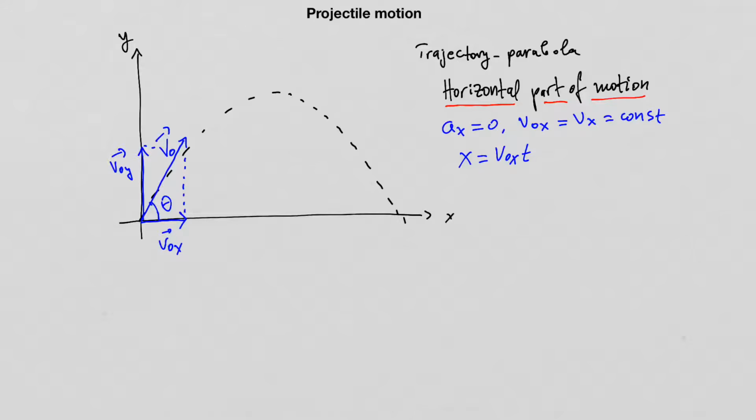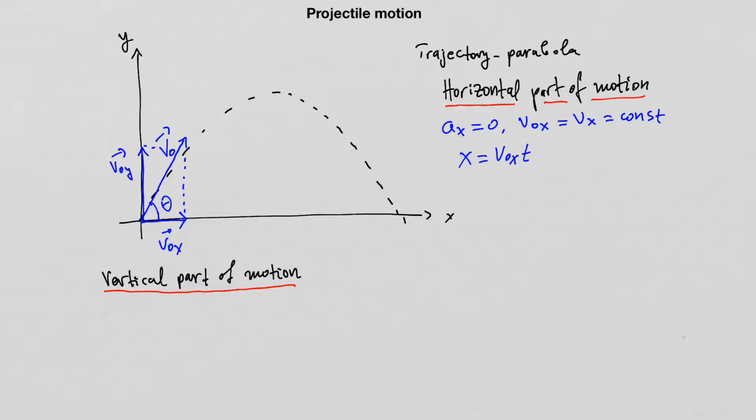Now let's look at what's happening in the vertical portion of the motion. So first, the vertical part of the motion is motion with acceleration. And so what is that vertical acceleration? Well, once you throw an object to fly as a projectile, this object is only left under the influence of gravity.